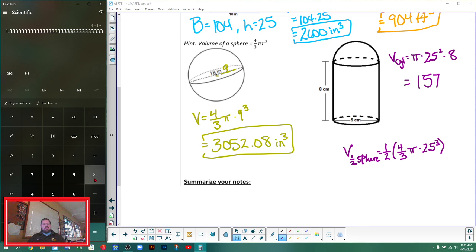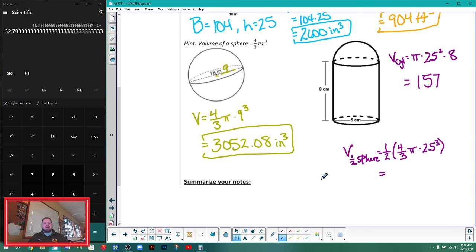Let's get our 4/3 first, 2.5 cubed, times pi. And then I do want to divide that by 2. We get a pretty ugly number, but we can go ahead and round it to 32.71.